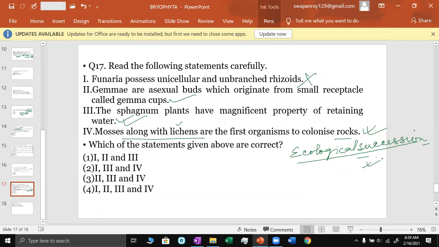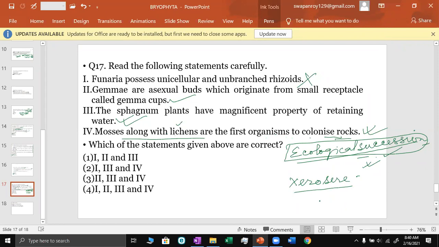One group of plants replaces the other group, and gradually the climax vegetation is produced. This is known as ecological succession, and the condition is called the sere. When it is from barren rock, this is lithosere.